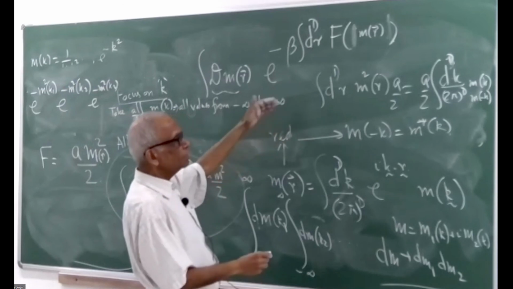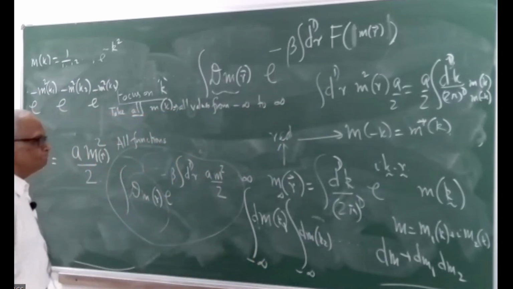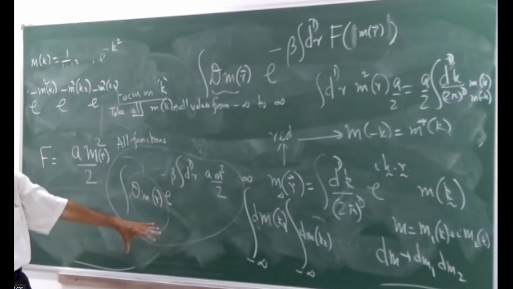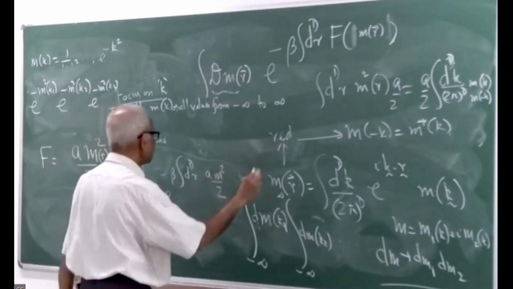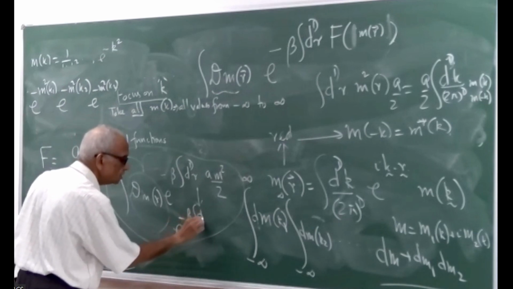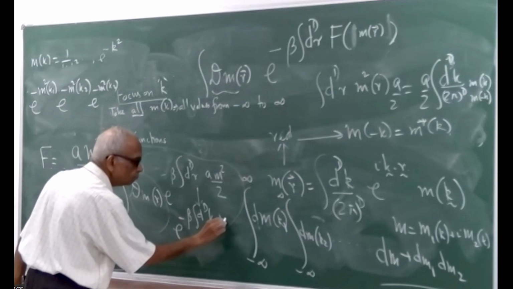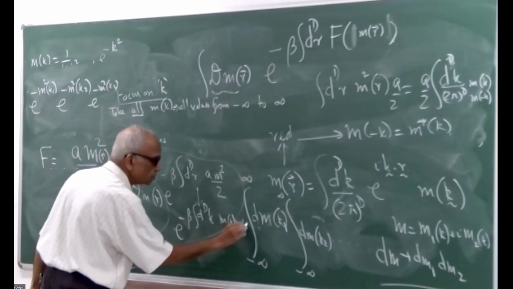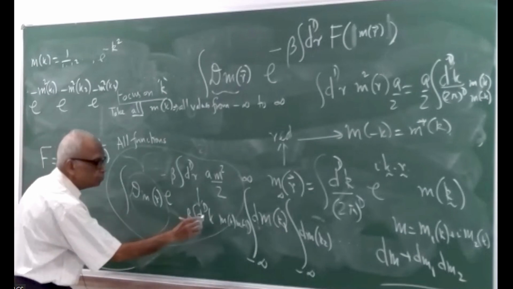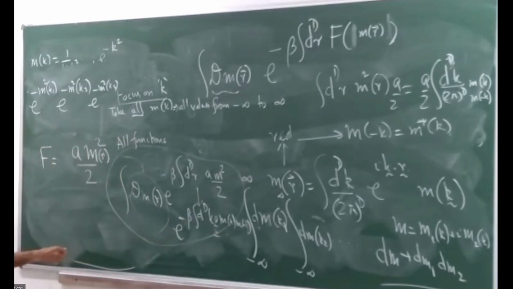From here I went to e to the power, I made use of this. This became e to the power minus beta integral dk of m of k times m of minus k, which is mod m of k square with a by 2 to boot. So e to the power minus mod m of k1 square.